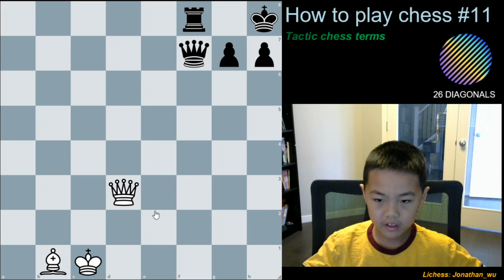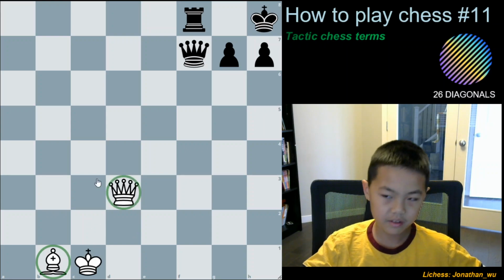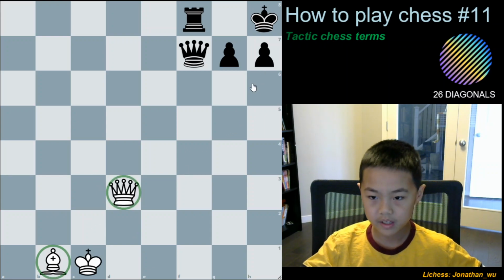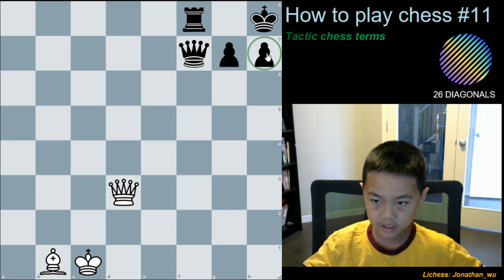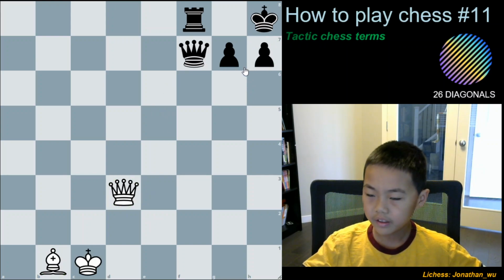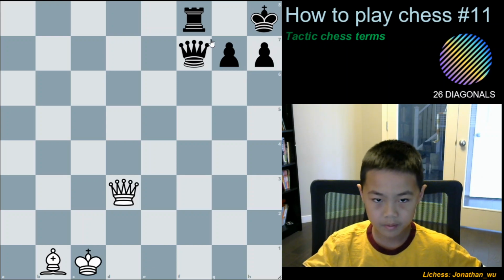And now this is called a battery. It is when a piece and another piece are on the same diagonal, and they're building up pressure on a certain piece or square. In this case, it's the h7 pawn. I didn't actually explain what these things were, but this is the H file.